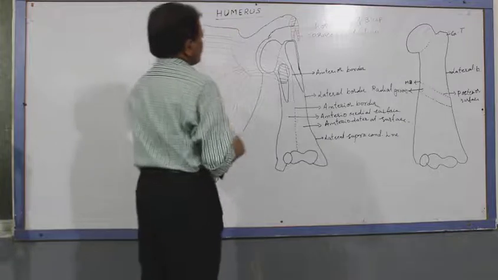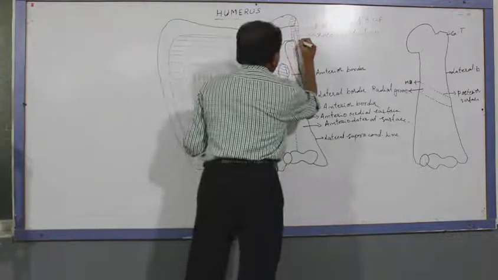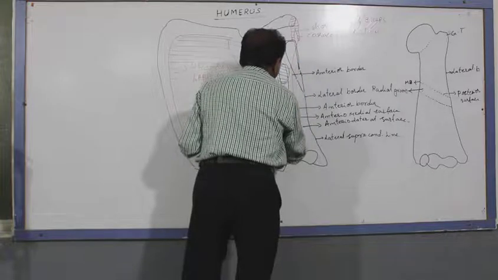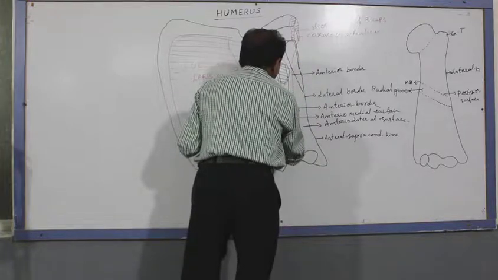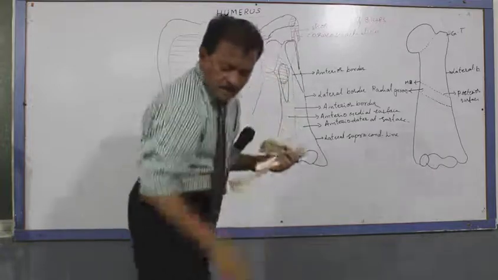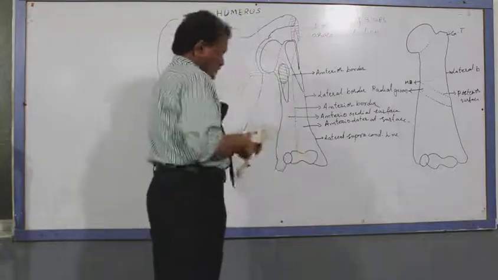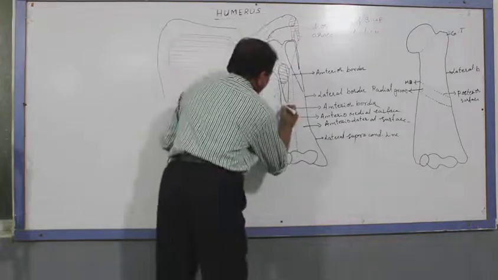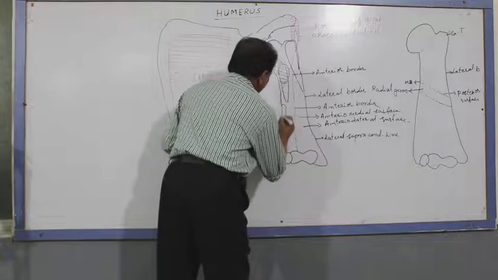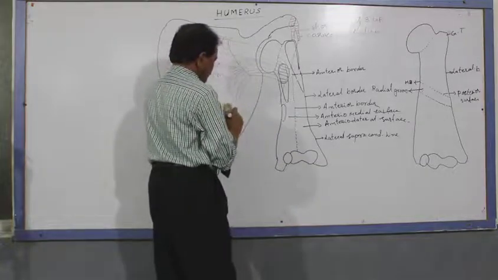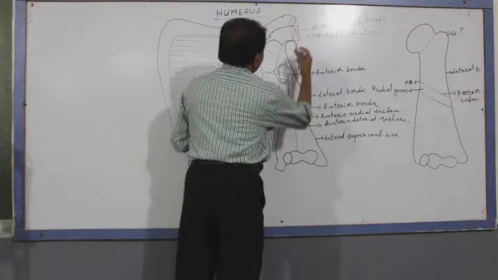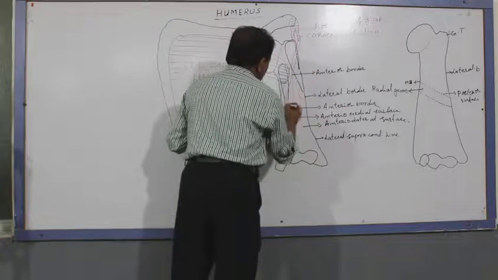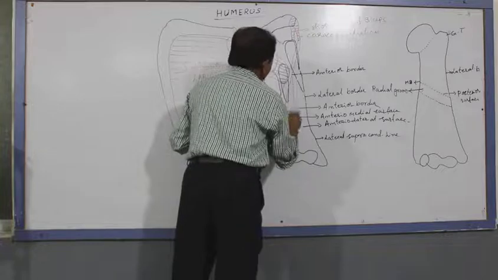This coracobrachialis muscle descends downwards and is inserted into the middle of the medial border of the humerus, and here there is the insertion of the coracobrachialis muscle.